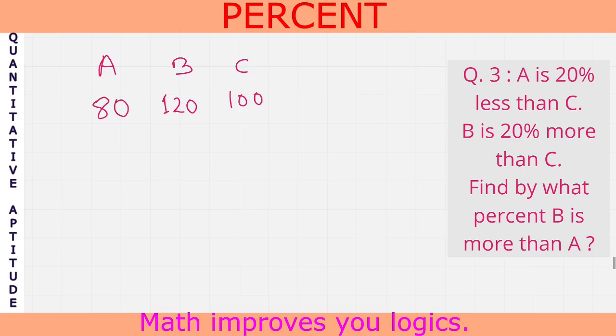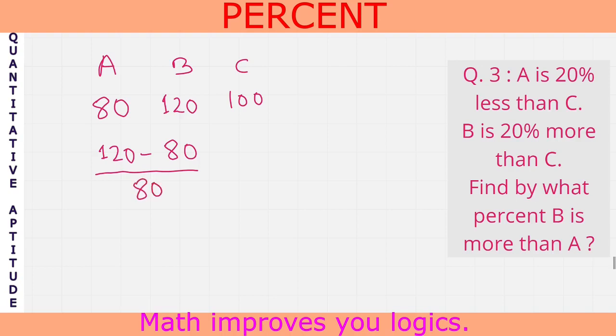Now find by what percent B is more than A. So we have to take the difference of B and A. B is 120 minus A is 80, and it is of A. B is what percent more than A? It means that A is to be in the denominator.